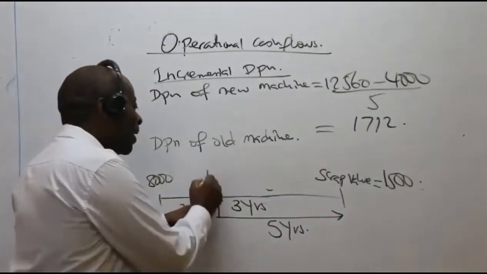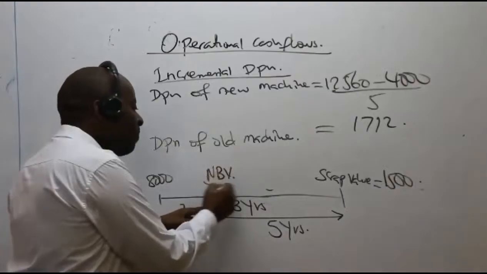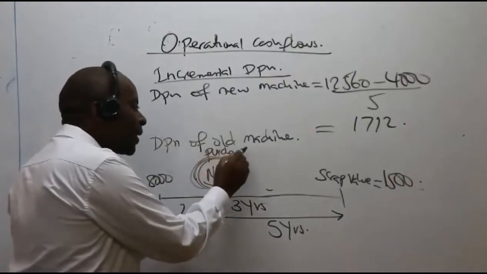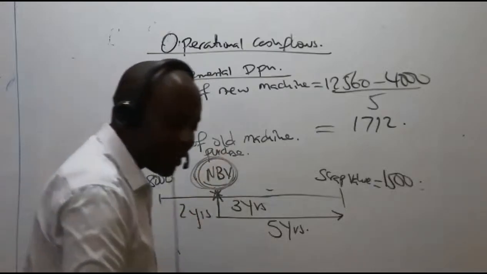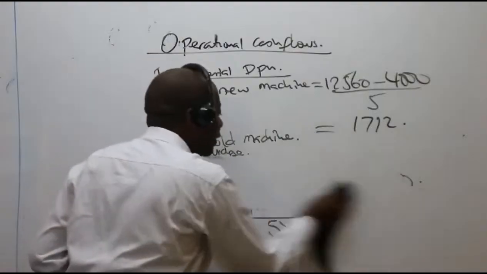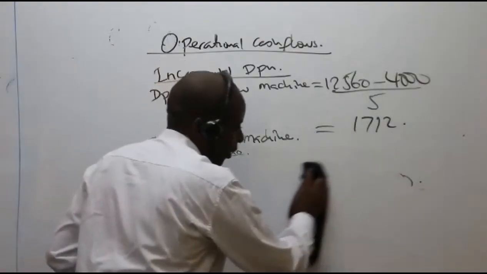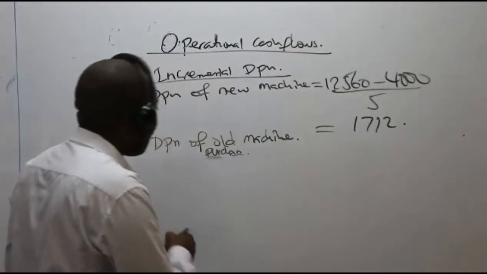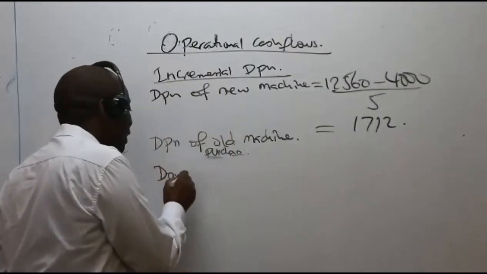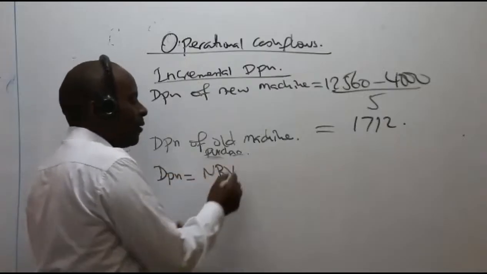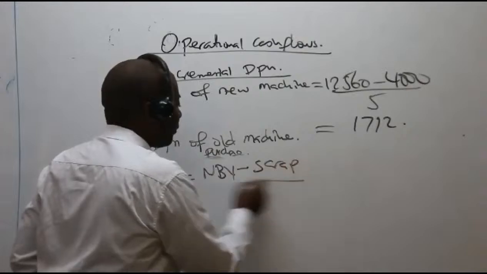Ladies and gentlemen, here we should work with NBV, net book value, as our purchase. And that is why in section 1, you are told that whenever there is a revaluation or a change of useful life, for you to get depreciation, take net book value as at the time of revaluation minus the scrap, all over n.